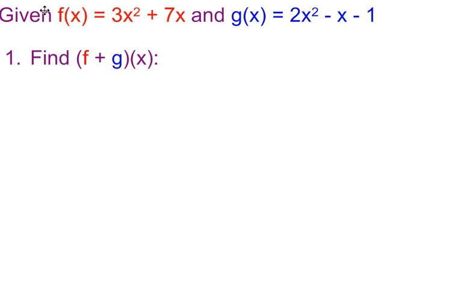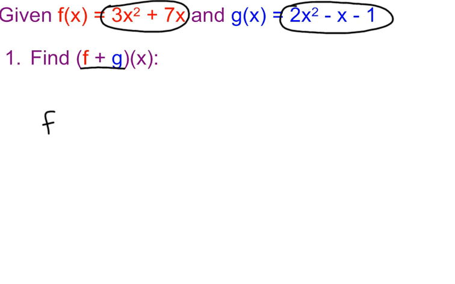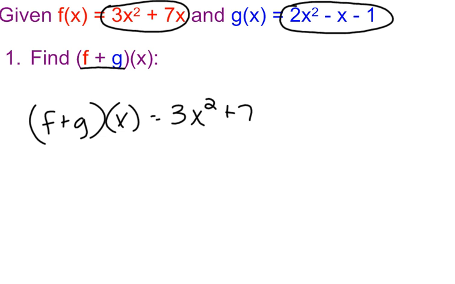So the first one says find f plus g of x. All they want us to do here, when they say find f plus g, is actually add f to g. So you're going to be combining like terms. To show my work, I would say f plus g of x equals, and then I would just write f of x, and I would go ahead and add g of x.